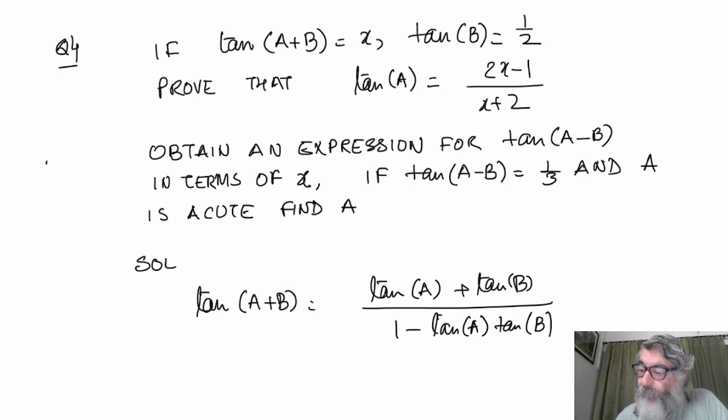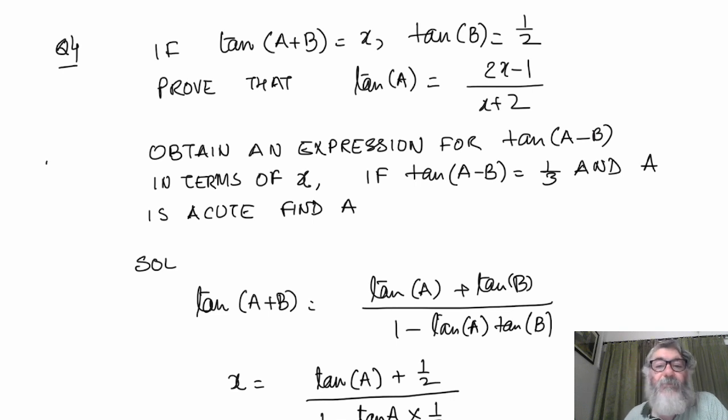Now, the value of tan(a + b) is x, so instead of tan(a + b) I have written x. I have to find out the value of tan a. The value of tan b is 1 upon 2. So 1 minus tan a into 1 upon 2.